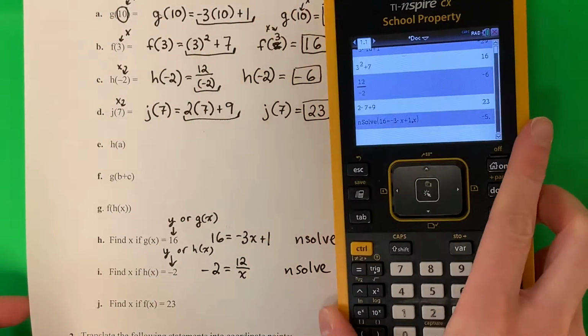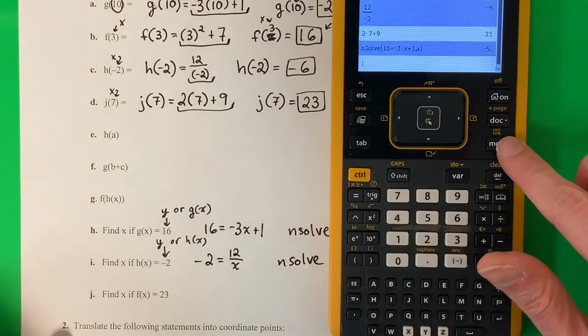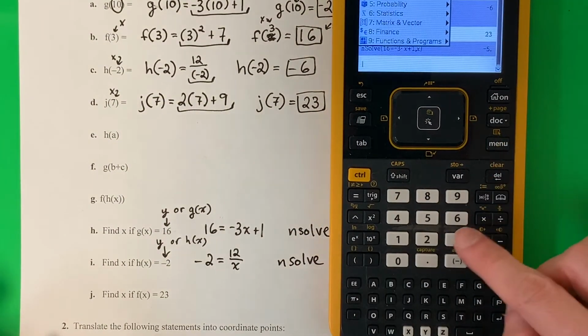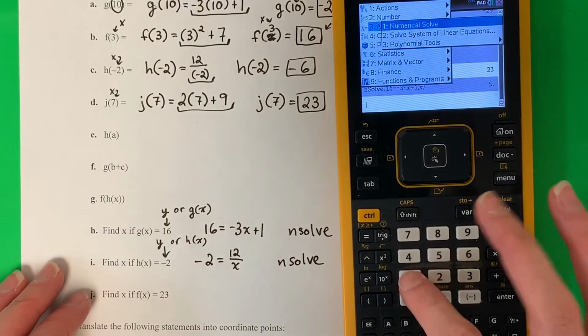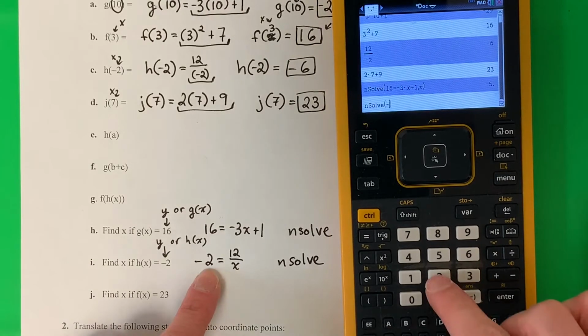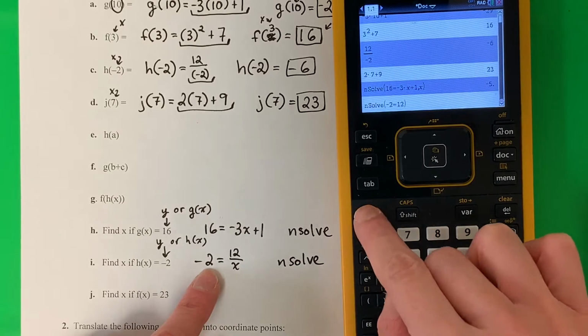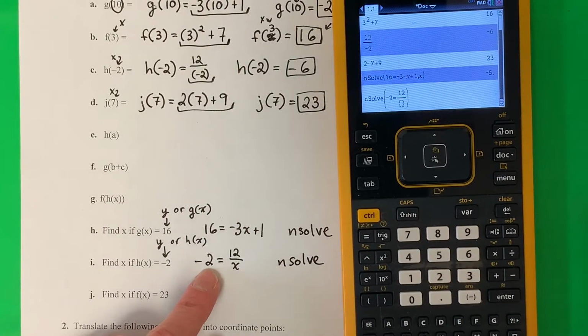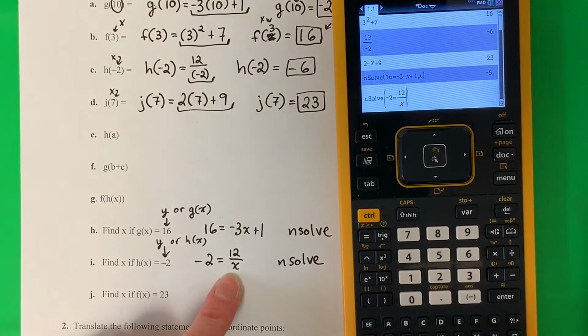So let's do that part again. So what you're going to do is you're going to push menu 3, 1, and then you put the equation negative 2 equals 12, and then control divide, x, go to the right, comma, x, enter.